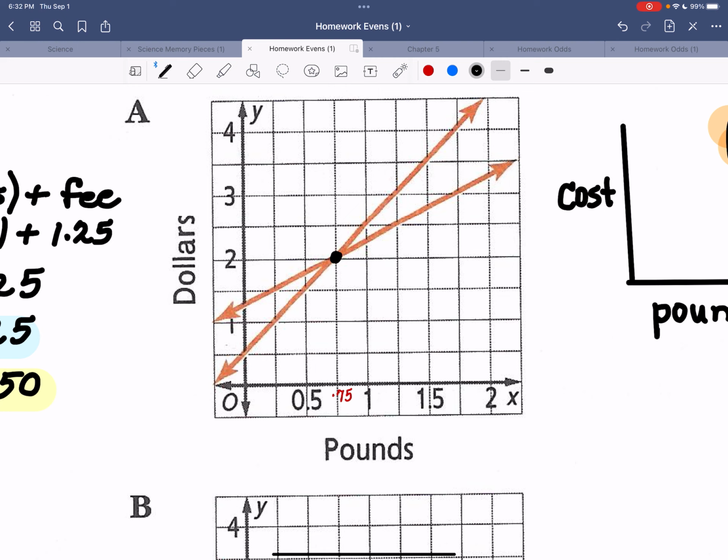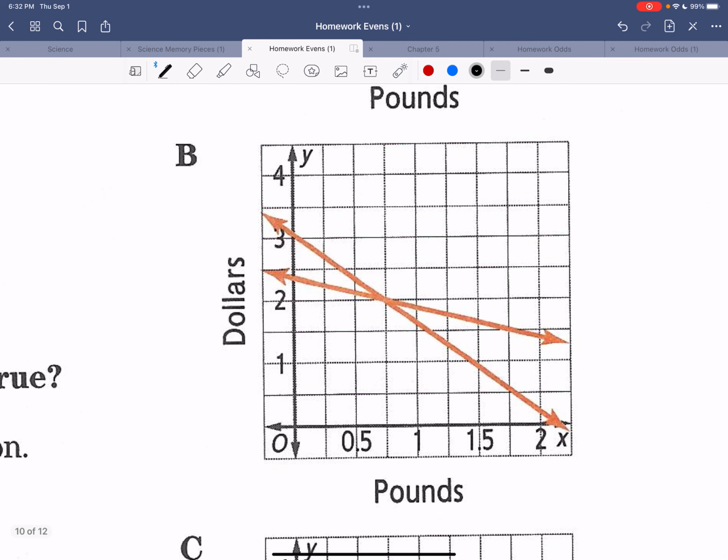That intersection. I like that one. This is saying 3/4 of a pound costs $2. This one is also saying 3/4 of a pound costs $2.